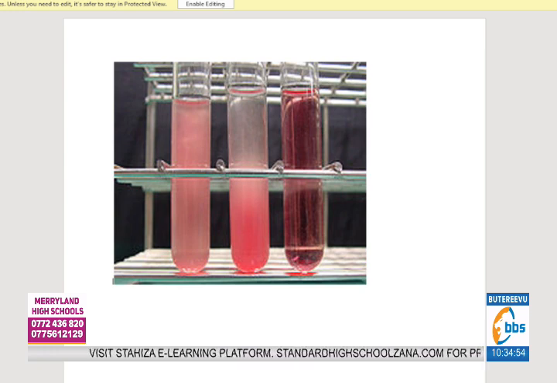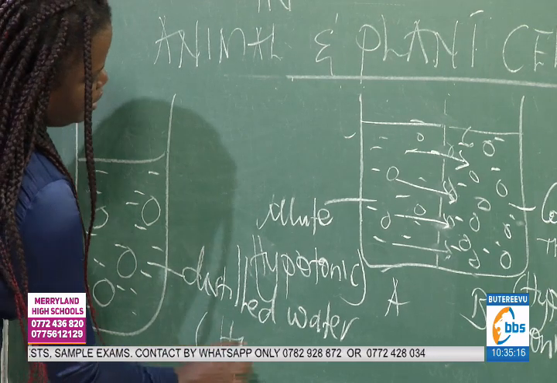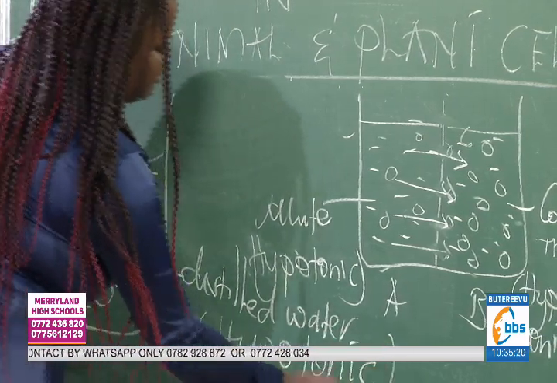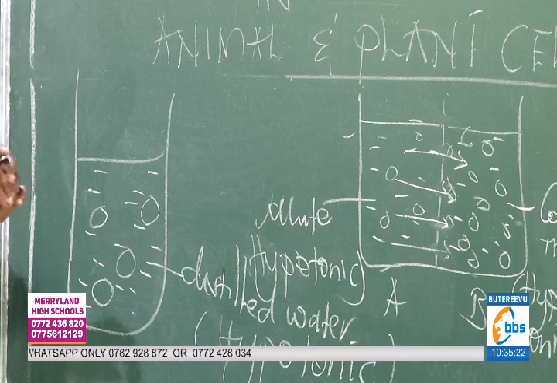It shows that when you place red blood cells in distilled water, the concentration of water in the test tube is higher than the concentration of water in the red blood cells, meaning that the distilled water is hypotonic to the red blood cells.